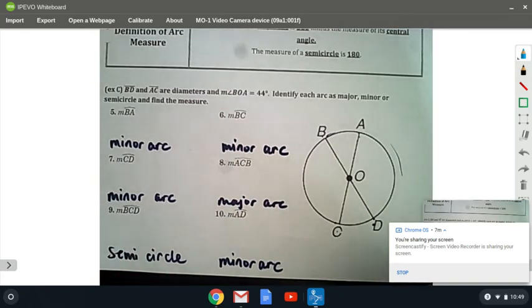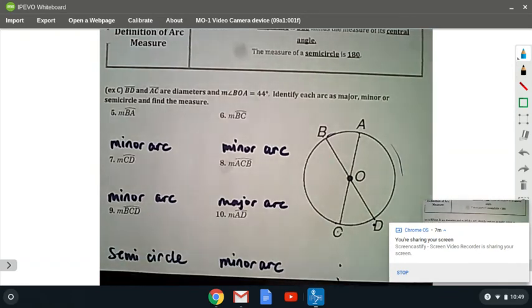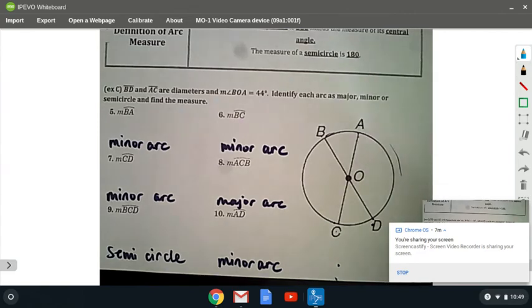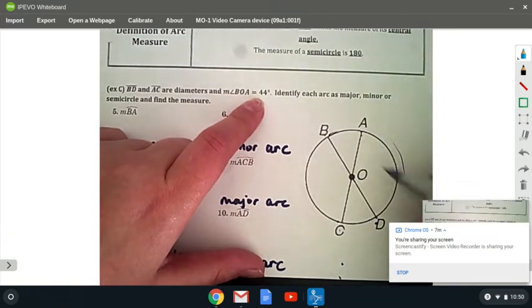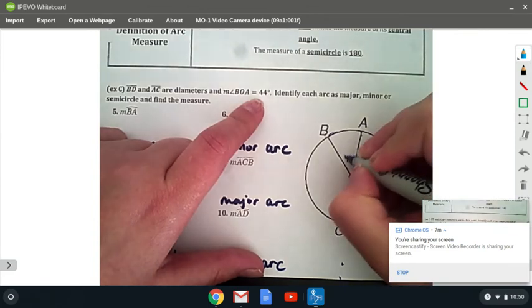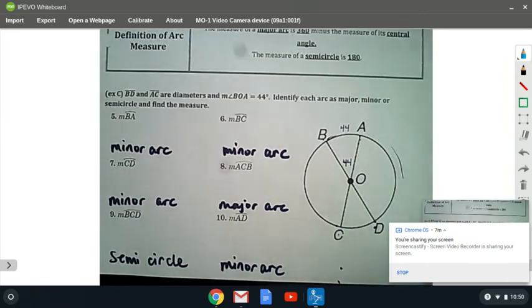Now they're giving us some pieces of information here. BD is the diameter and AC is the diameter. We already knew that. Now let's find all of these measures, knowing that this is 44. So BOA is 44. That means this arc is also 44.